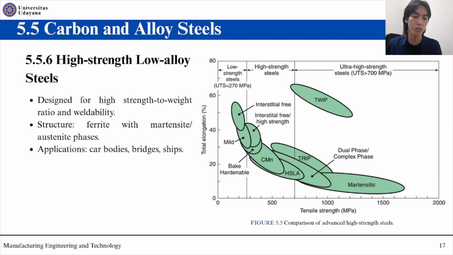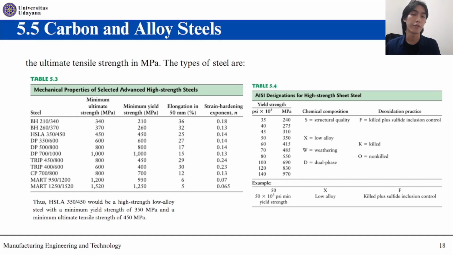Applications include car bodies, bridges, and ships. You can see on table 5.3 and 5.4. These tables show you the mechanical properties of selected advanced high strength steels.